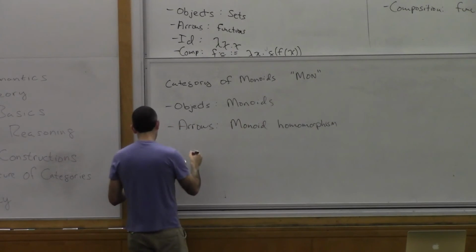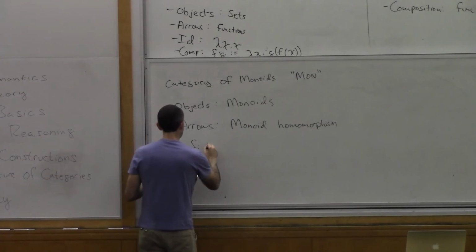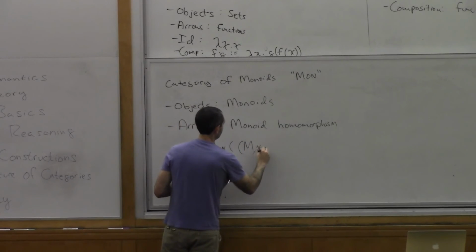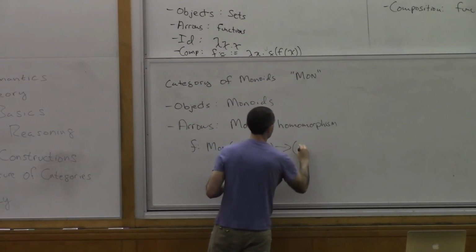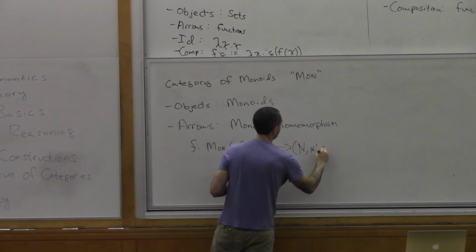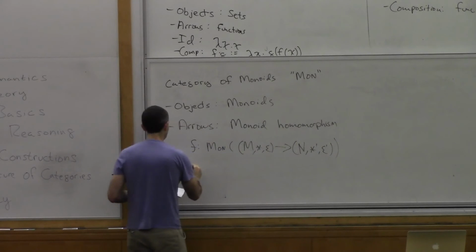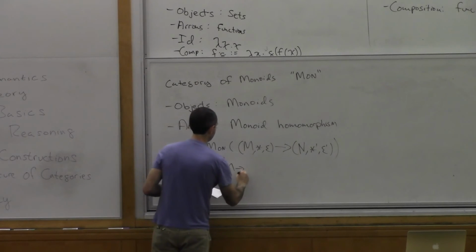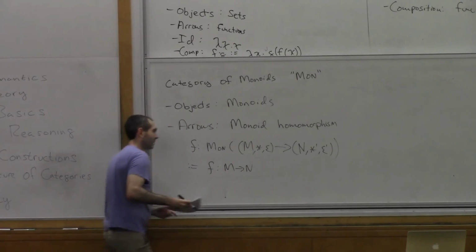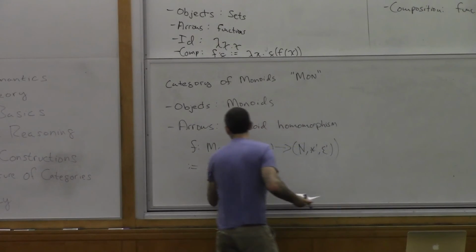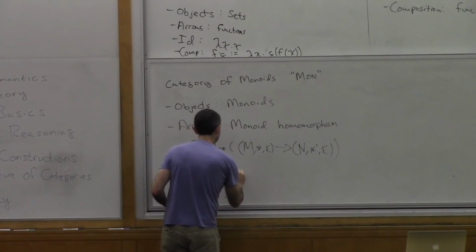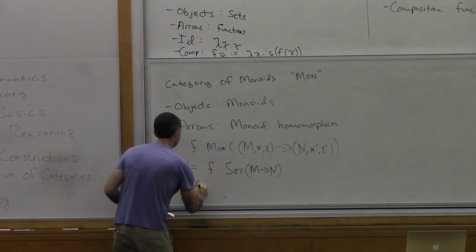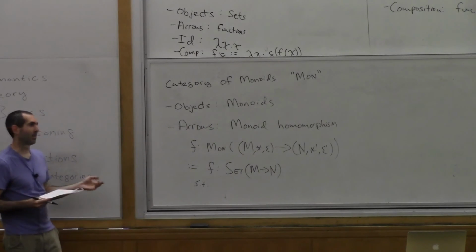The idea is that a morphism f in Mon from (M, star, epsilon) to (N, star prime, epsilon prime) is defined to be a function f from M to N, this is in Set, such that it now preserves the monoid structure.